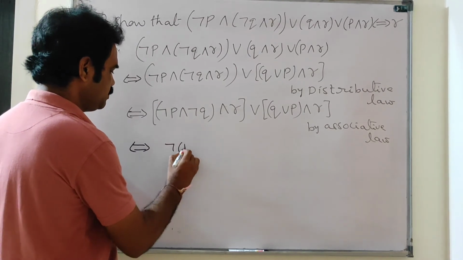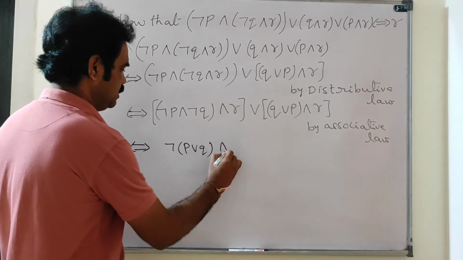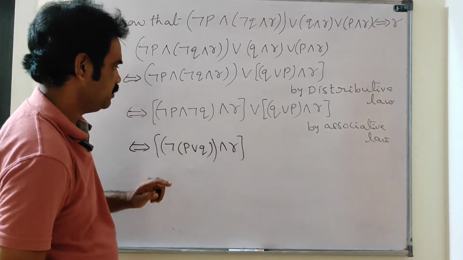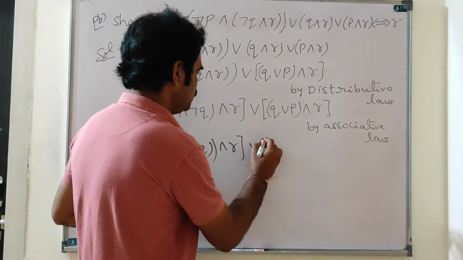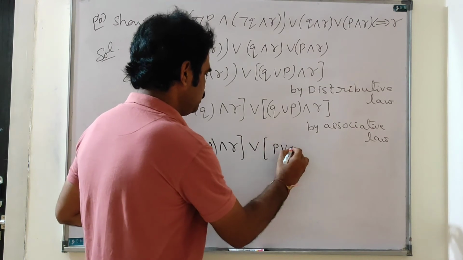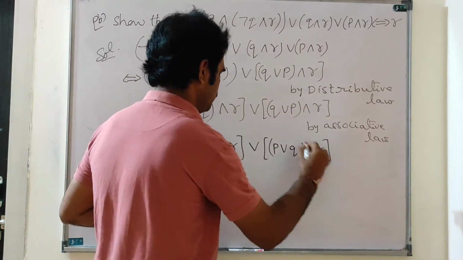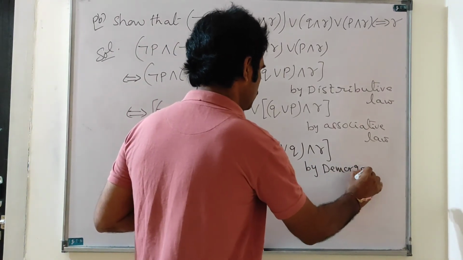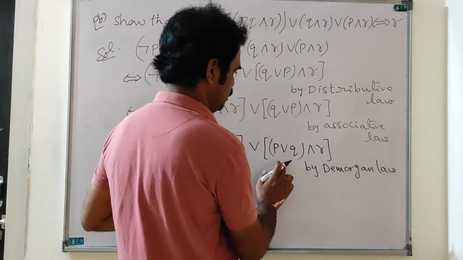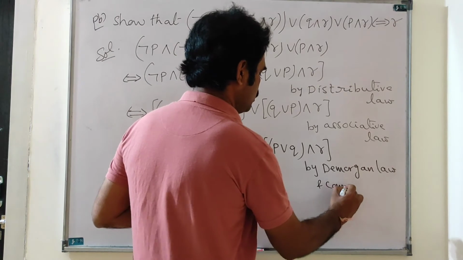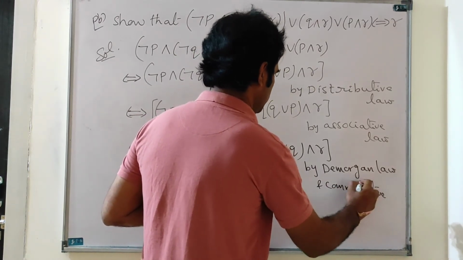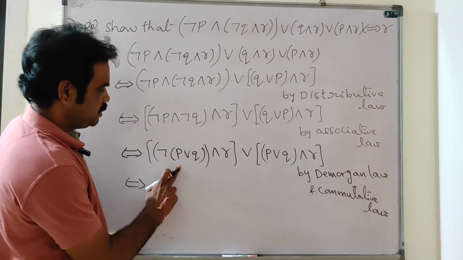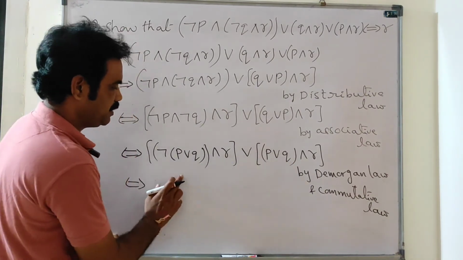This is negation of P or Q, and R, or P or Q and R. This is by De Morgan law, and by commutative law, Q or P is equivalent to P or Q. Okay, this is P and R or Q and R, that is P or Q and R.